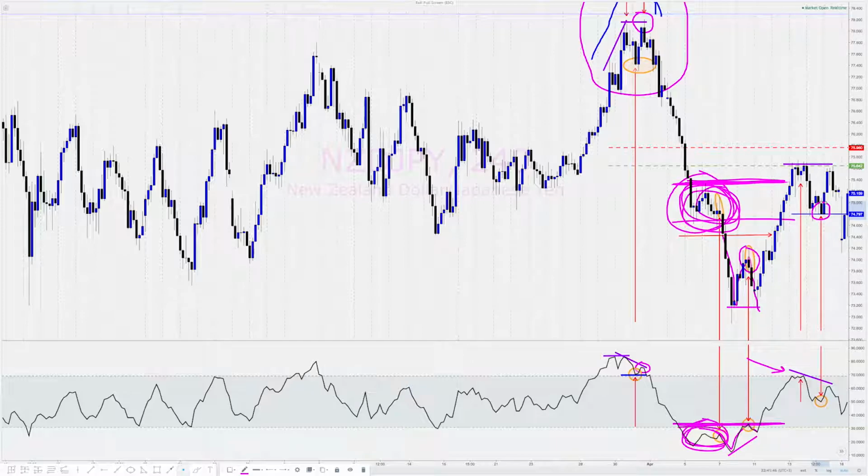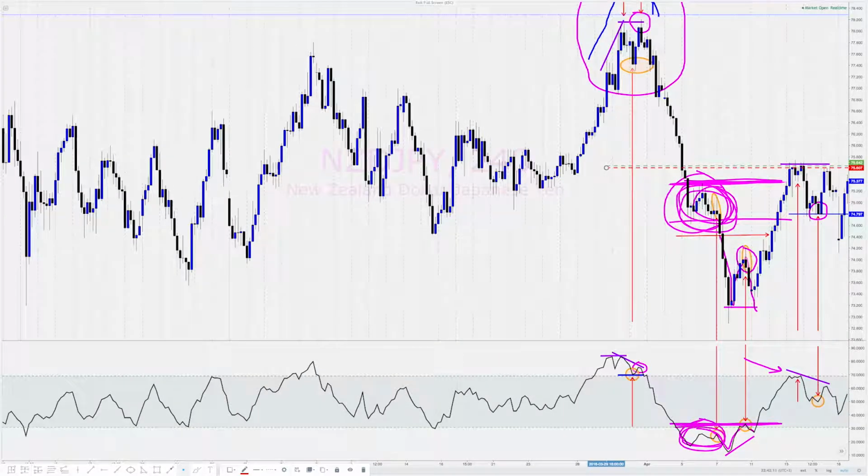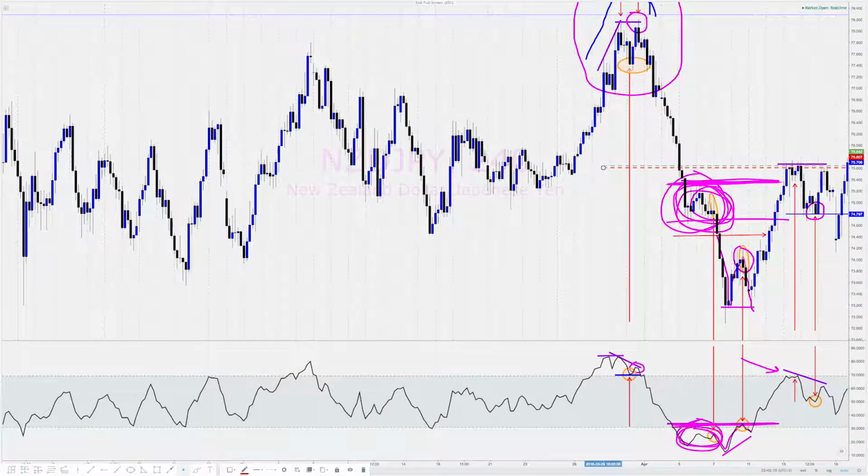Okay, a break back up. Okay, you could take profit or set, I would most definitely set a stop loss in profit. Coming up for our level again, and we're stopped out in profit.